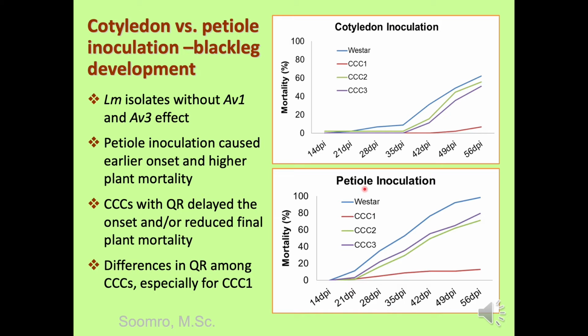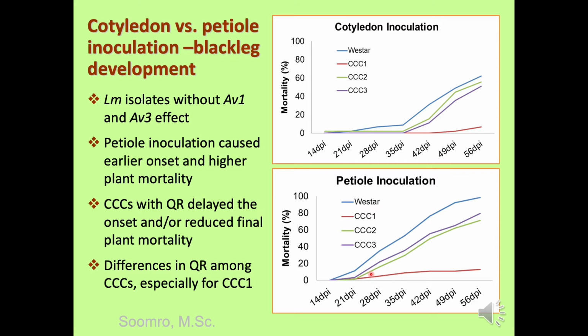And also on the varieties with different levels of resistance, which we refer to here as quantitative resistance, there is a clear difference among these varieties, especially with the CCC1 that seems to have the strongest resistance with both the cotyledon and the petiole inoculation.